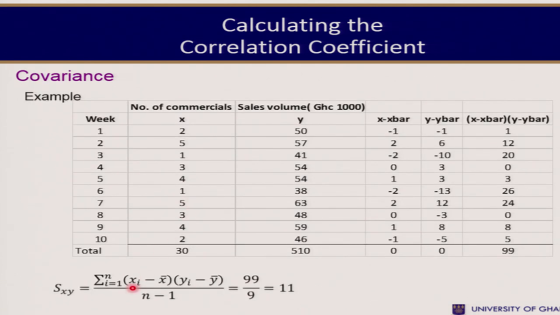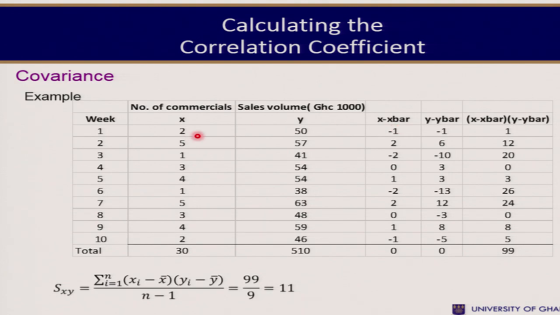Therefore, you see we have a new column that shows X minus X bar, and then another column that shows Y minus Y bar. X bar is the sample mean for the X values. If X has a total score of 30, then the mean will be 30 divided by the size of the sample, which is 10. Therefore, we have a mean of 3.